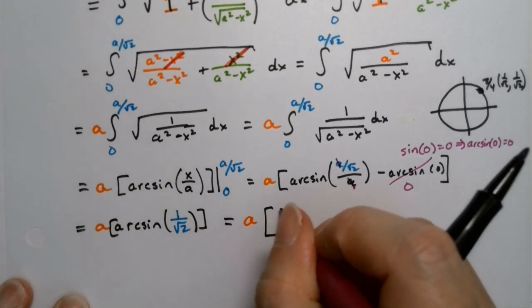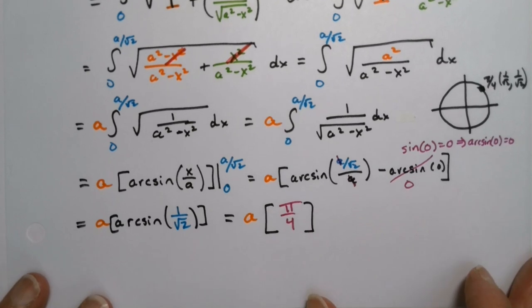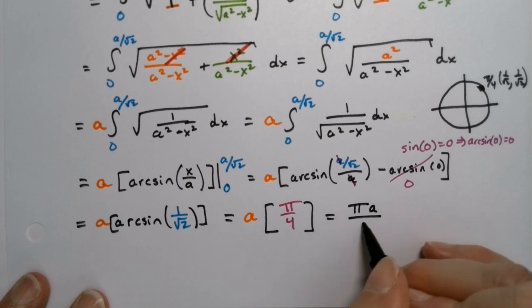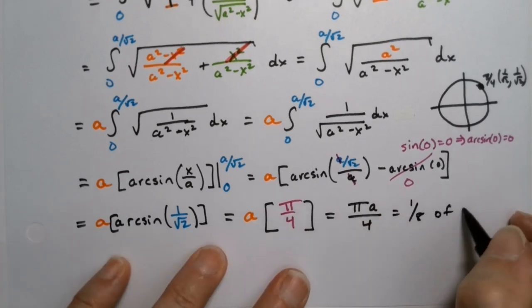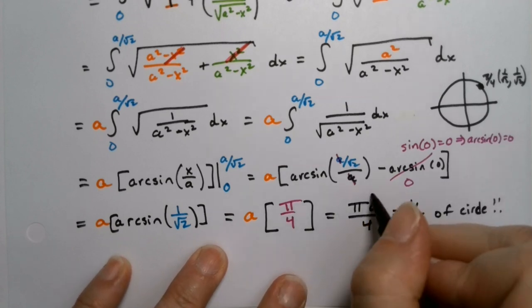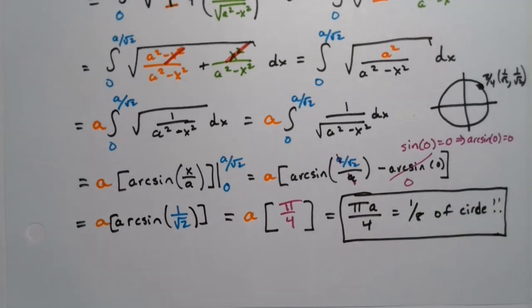That's the angle that would have 1 over the square root of 2 as its sine value. And you know what that is? That's pi a over 4, which is 1/8 of the circle. We proved it. Ooh, forgot my C in there. I was so excited that we proved it. We verified. It did in fact equal 1/8 of a circle. It is in fact 1/8 of the circumference of the circle. Hooray!